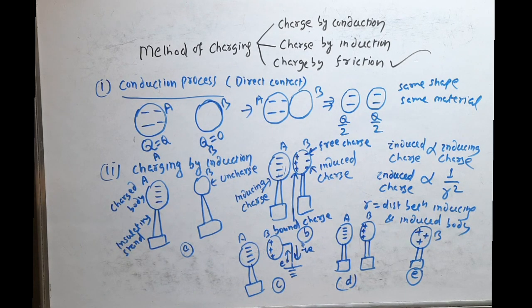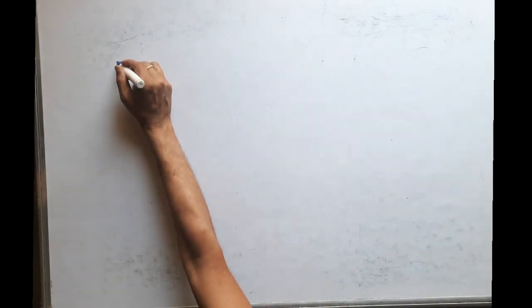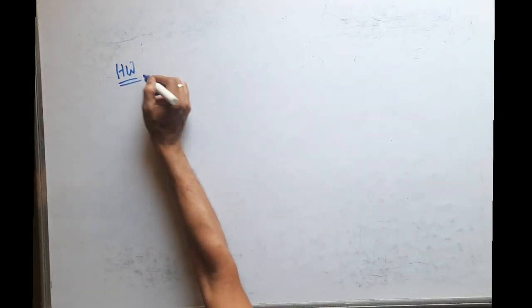Okay. So this is about the basic concept of charge. I discussed what we mean by charge, what the properties of a charge are, and the last one I am discussing here. So I am giving a homework to you.